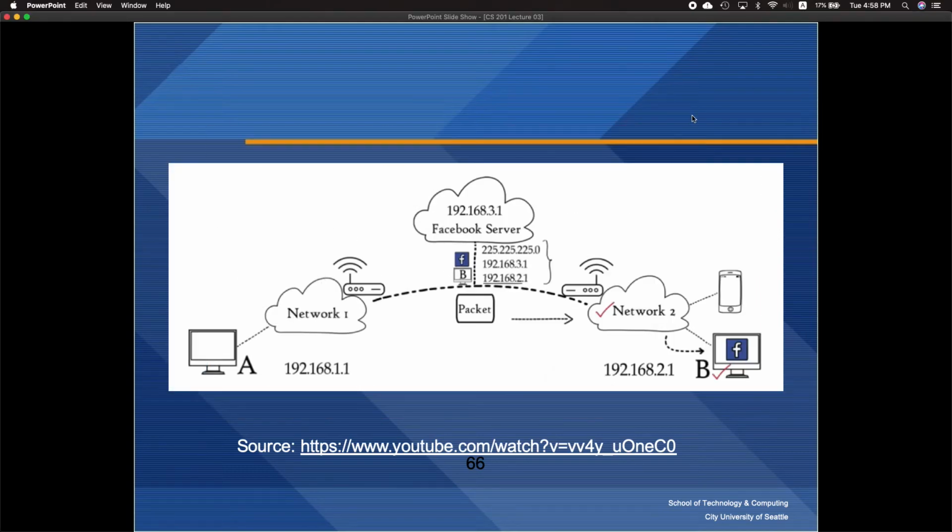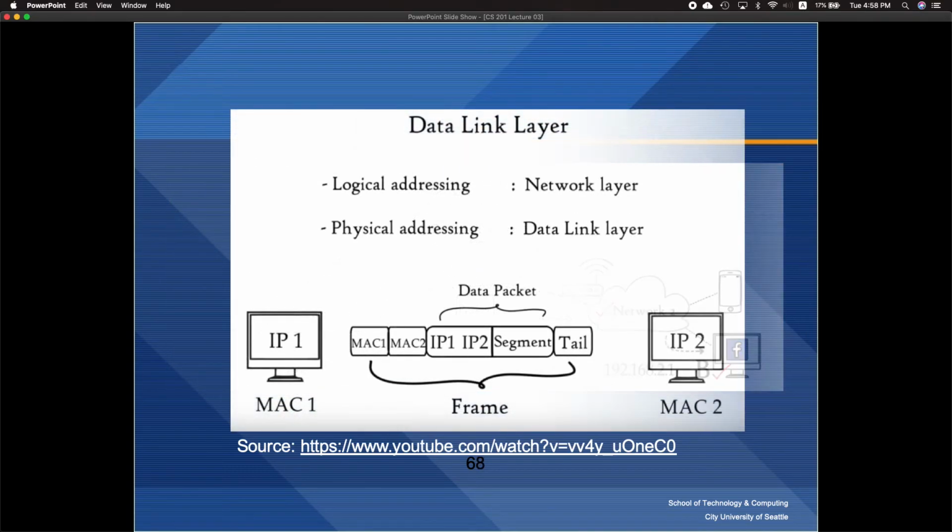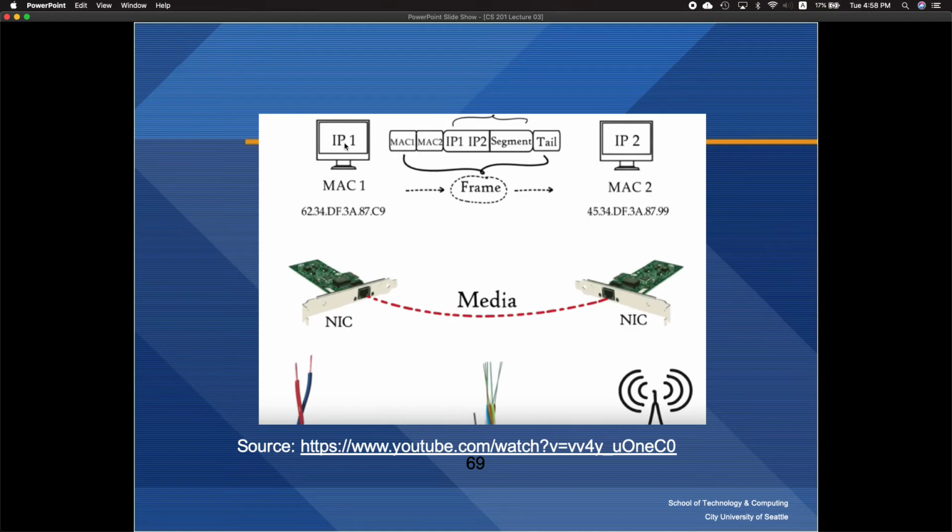And now we move on to the data link layer. One of the takeaways is that the data is enclosed in a frame. It needs a MAC address, the source and destination, and also the segment, I mean the data packet, and the tail. And here's a visualization of how the data link layer passes that information.